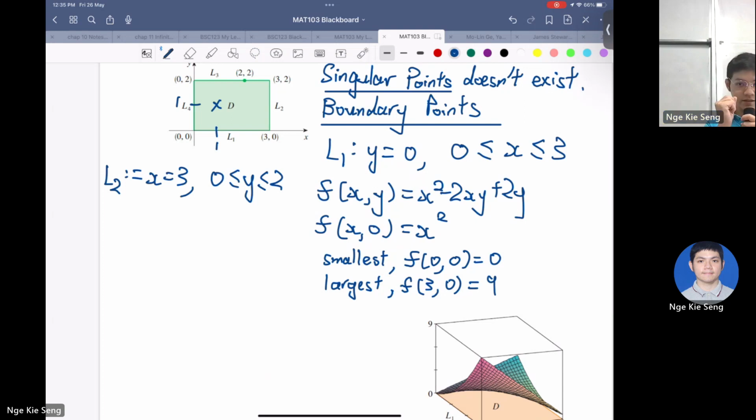What's next? Next we need to identify what happened to the function on this line. So what is f(3, y)? f(3, y) is 9 minus 4y. This one is even simpler, it's just a line. How does this line behave?